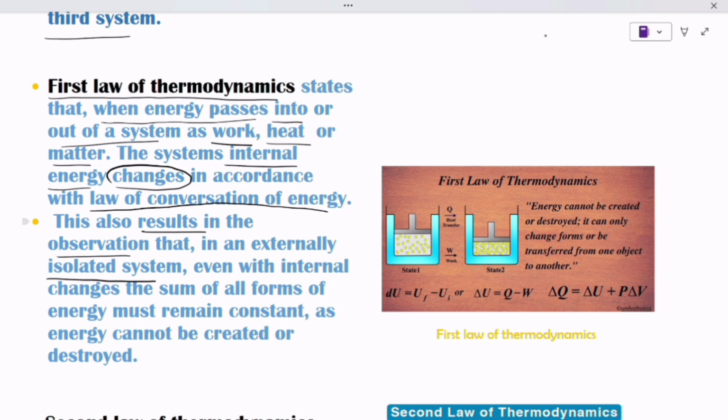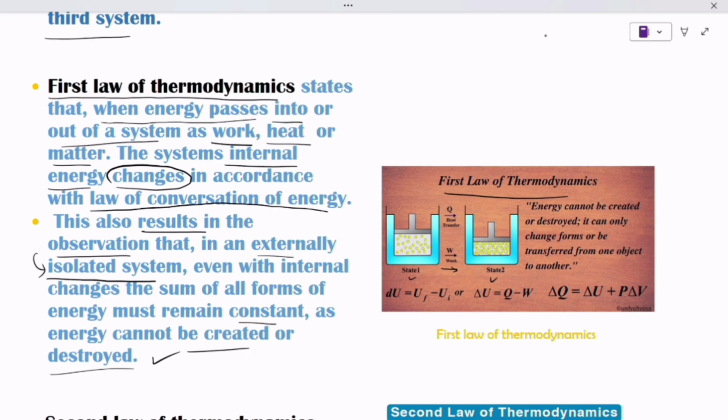This also results in the observation that in an externally isolated system, even with internal changes, the sum of all forms of energy must remain constant, as energy cannot be created or destroyed. This is the first law of thermodynamics image.